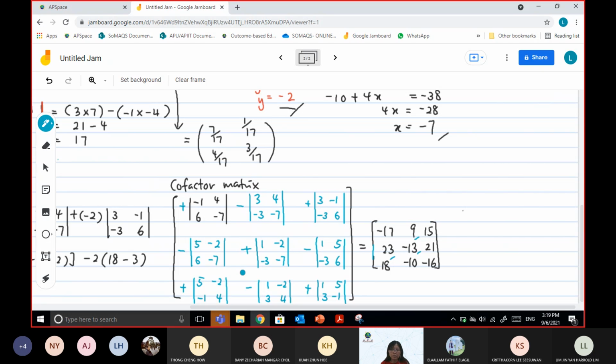Then next one, negative 7 minus 6, negative 13. Oh, sorry, miss, it's negative 21, not negative 13.